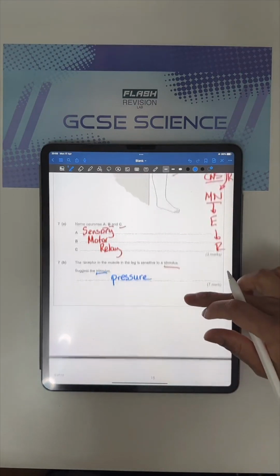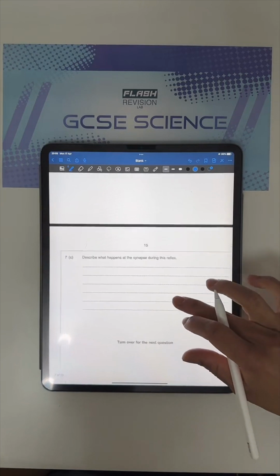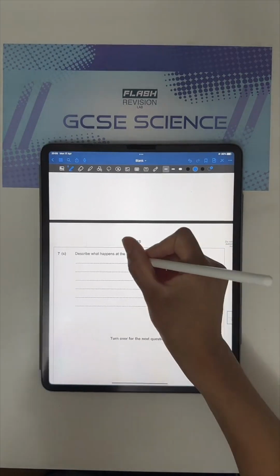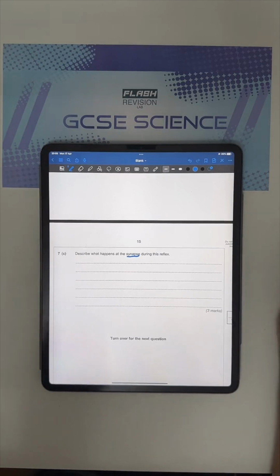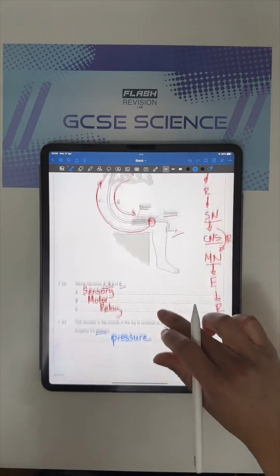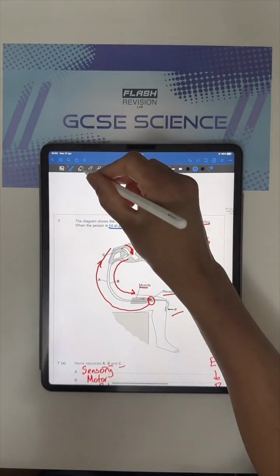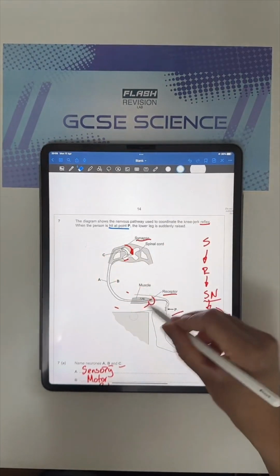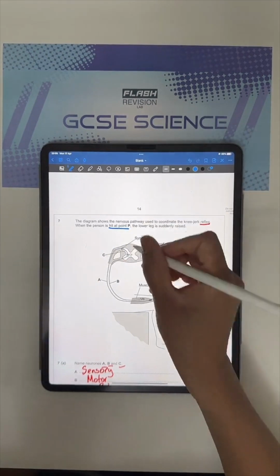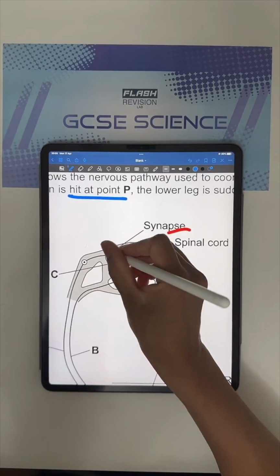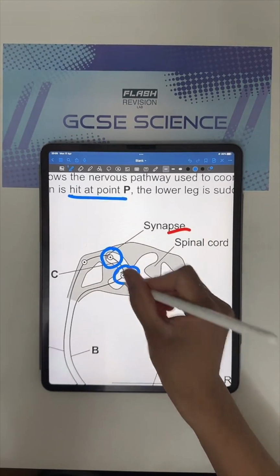Right, so let's move on. Describe what happens at the synapse. Someone mentioned the synapse earlier. So what is a synapse? If we look at this diagram, let me just rub all of this off. Where we see a synapse, we have a synapse here, we have a synapse here.